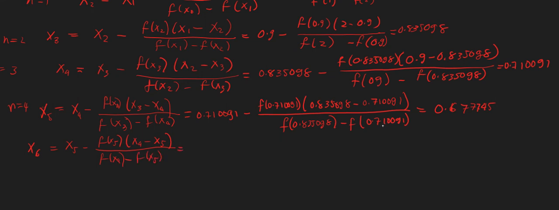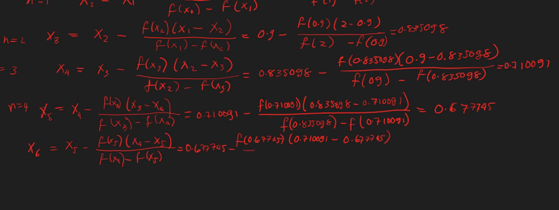So this will be, our x5 is 0.6777745 minus f of that, times x4. x4 is 0.710091 minus 0.6777745.